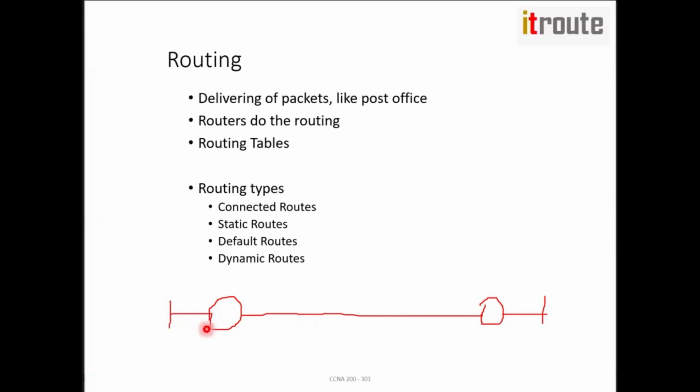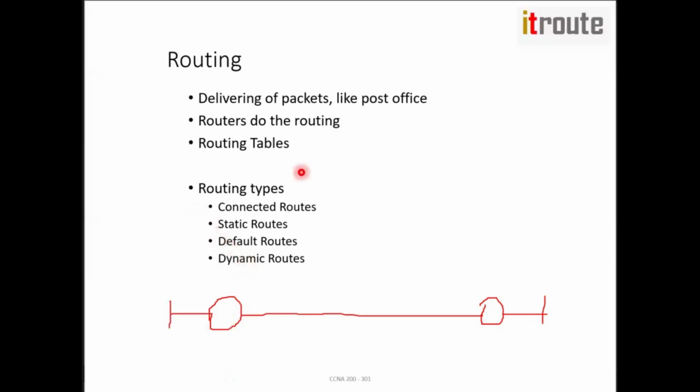If I want to send traffic from this router to another router, the router helps us send that traffic. This is what we call routing. The router maintains a routing table, and the routing table has information about the routing path, like which way our traffic will go and which way it will come back.